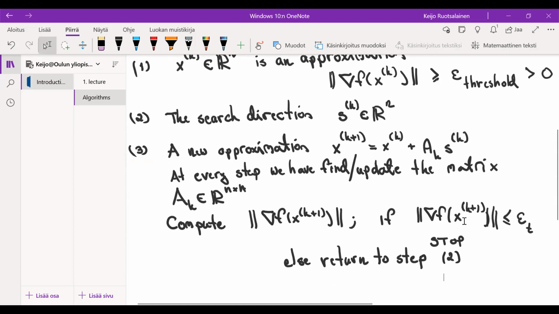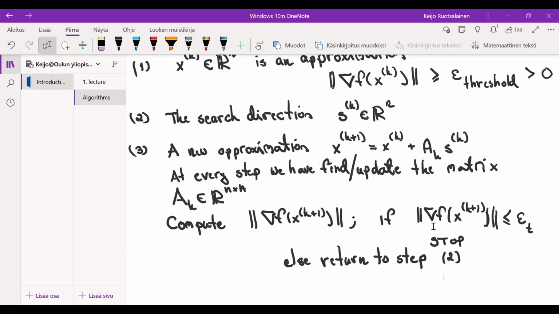You have the optimality check, so that the gradient of the function at the new point is close enough to 0. Then you stop. Or of course there are more refined criteria, like the change from the previous approximation is small enough.